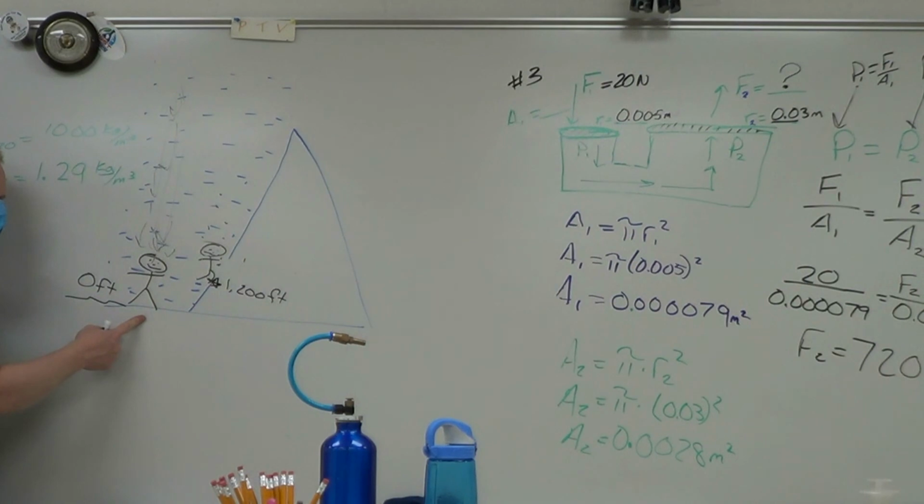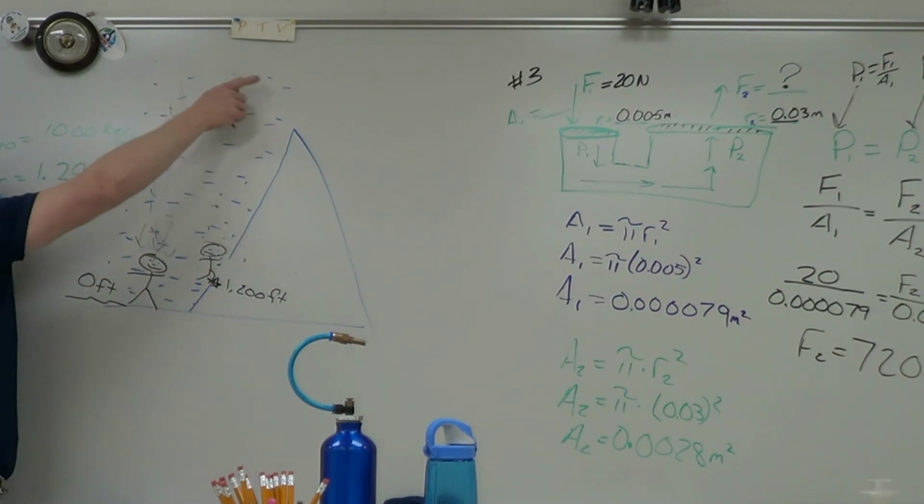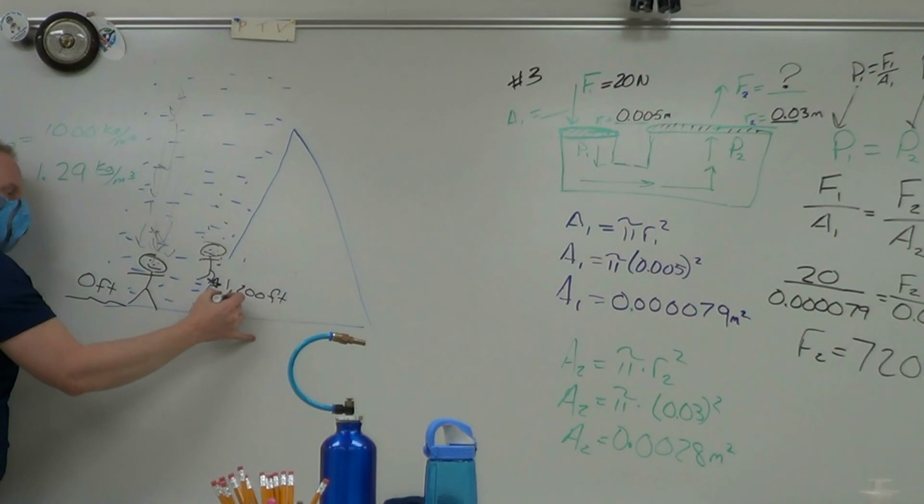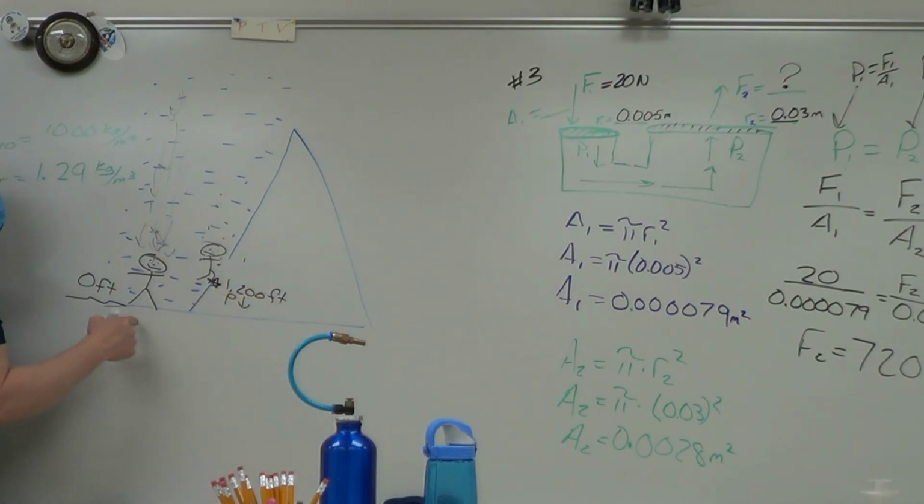Is there more above me or less above me, everything else equal? There are going to be fewer air molecules. So because there are fewer air molecules, my pressure in western Wisconsin is lower than it is on the beach.